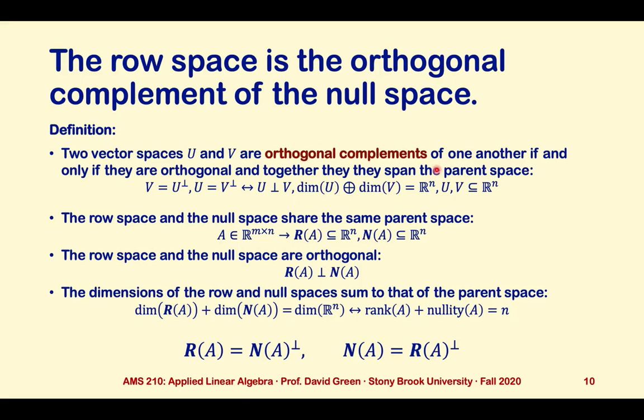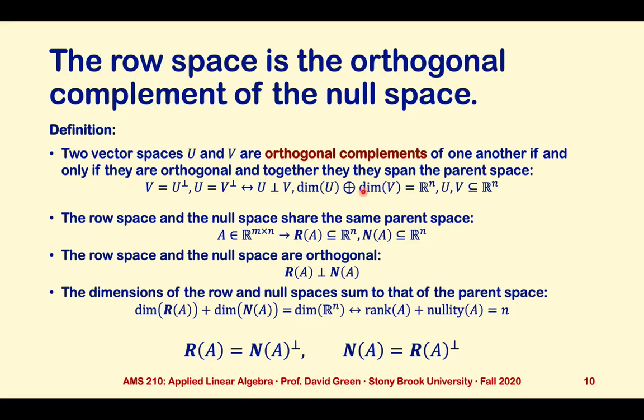We discussed before in the last unit how when we take the direct sum of two vector spaces, this is saying we take all of the possible linear combinations from one vector space and another vector space.